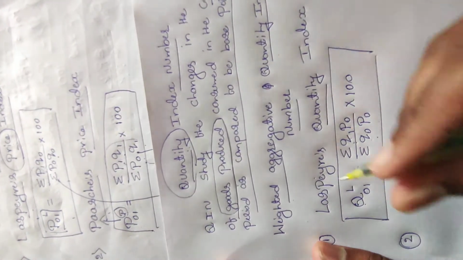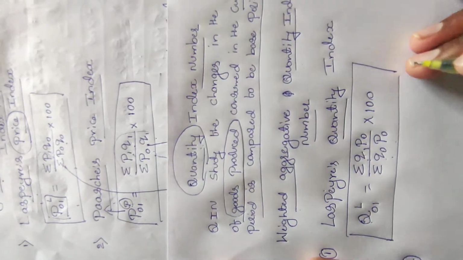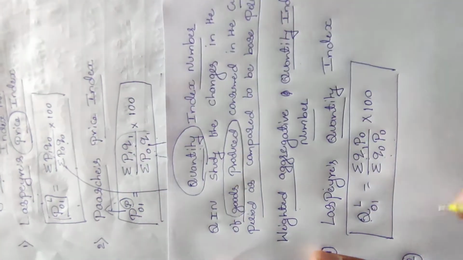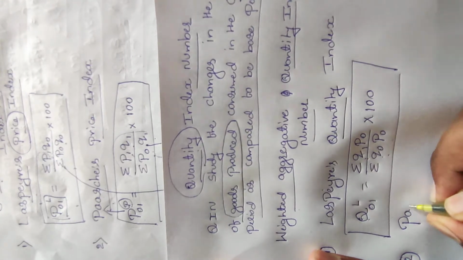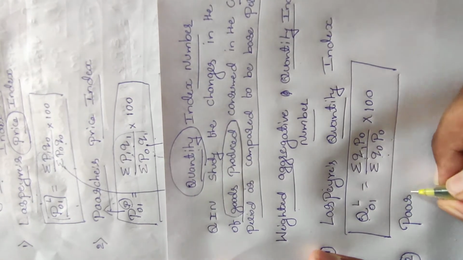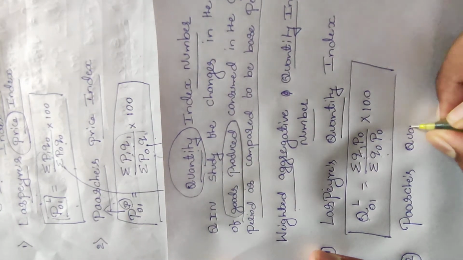In the price index, the second concept is the Paasche price index, and here the second concept is the Paasche quantity index.